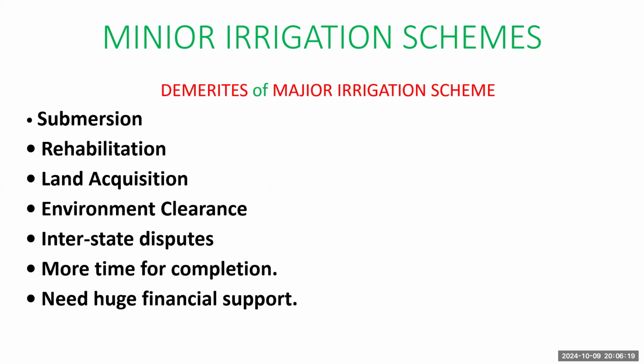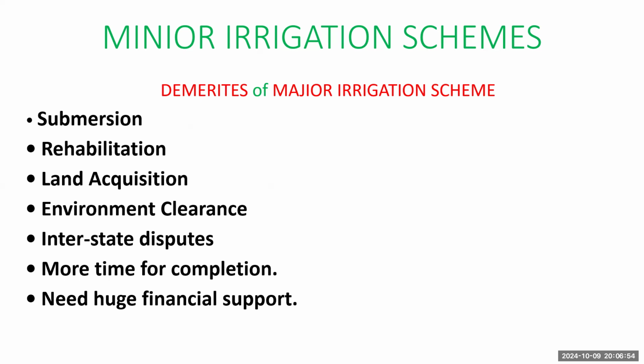The demerits of major irrigation schemes are, when these schemes are implemented, a lot of area goes under submergence. The area which goes under submergence may consist of valuable agricultural land or it may consist of the Gaothan areas. A number of villages will go under submergence. So that is a big problem and there is a lot of resistance from the farmers for this project.